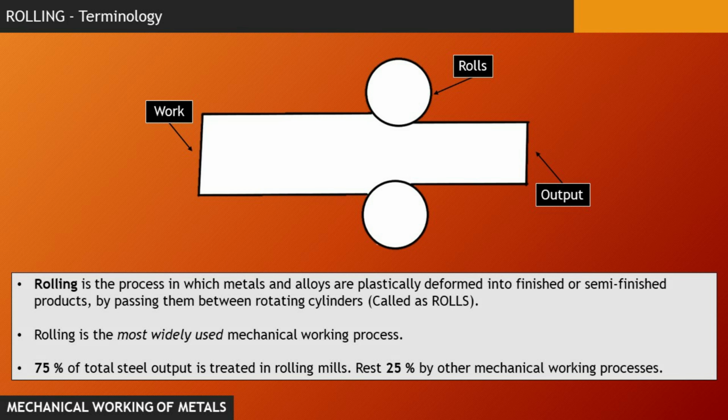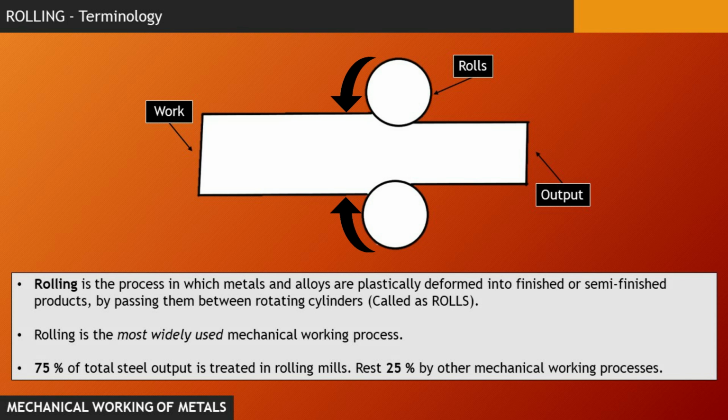Now, rolling is the process in which metals and alloys are plastically deformed into finished or semi-finished products. It is done by passing them between rotating cylinders, which are called rolls.